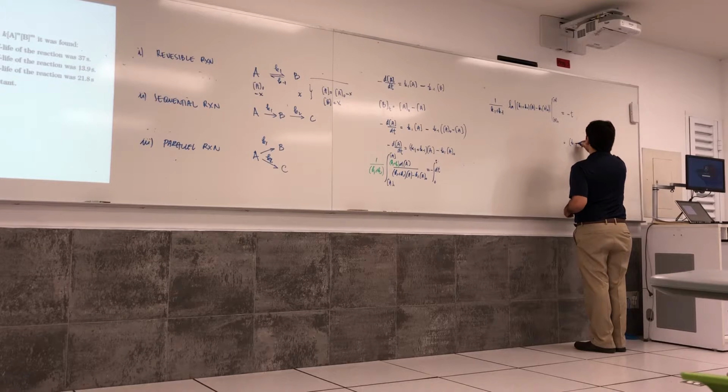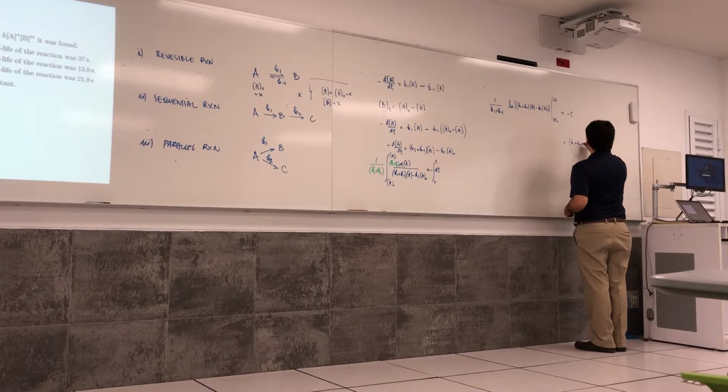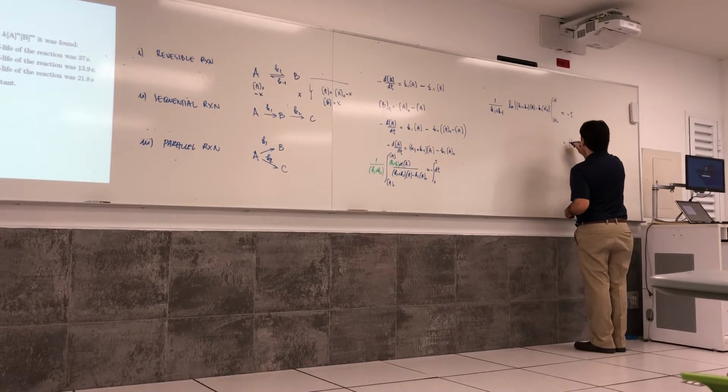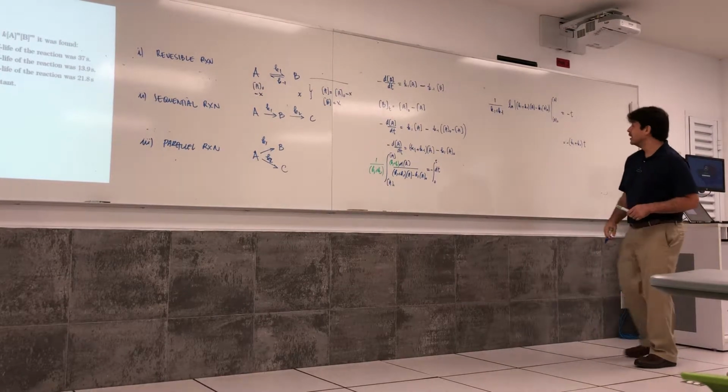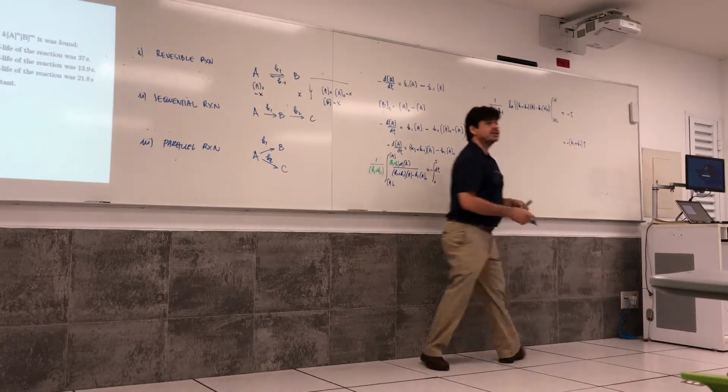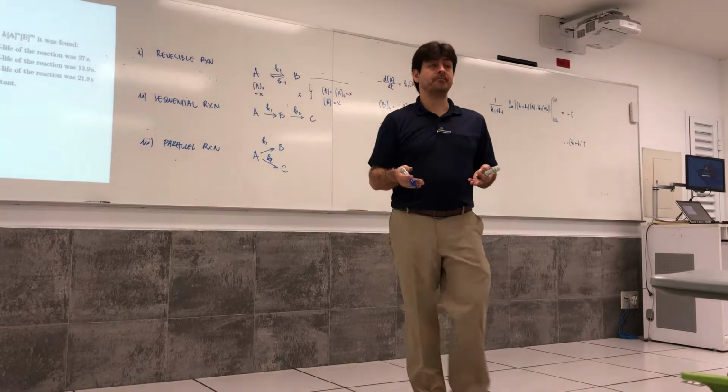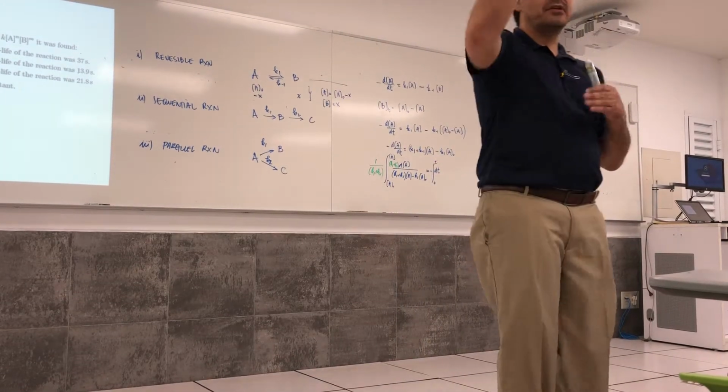This is k1 plus k minus 1 t with a negative sign in front. And now we evaluate, and since we have a natural logarithm, the difference is numerator and denominator.